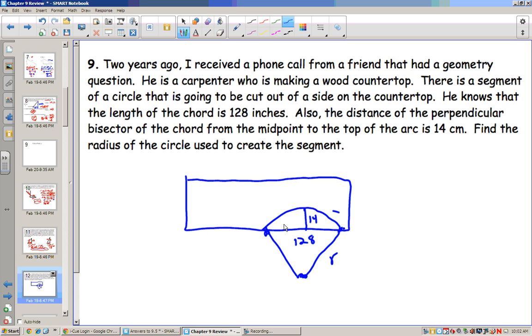So if that's 14, this side has to be 64. And if this distance is a radius, this distance here could be the radius minus 14. So I can set up a right triangle here where (radius minus 14) squared plus 64 squared is equal to the radius squared.